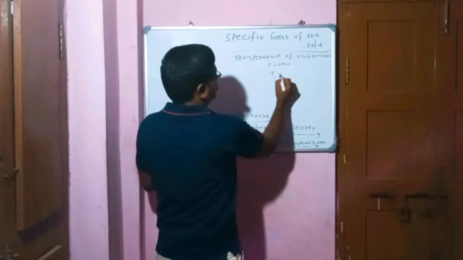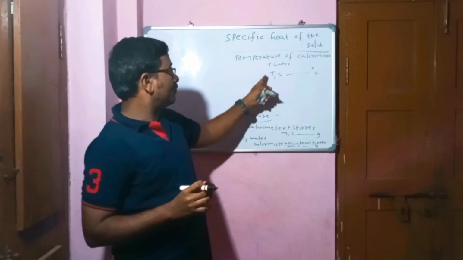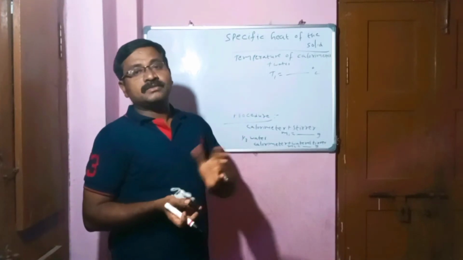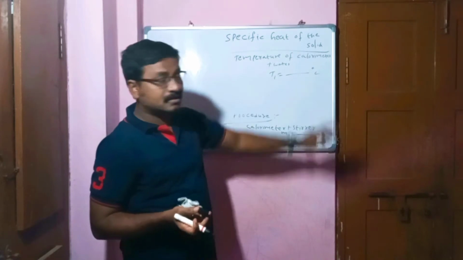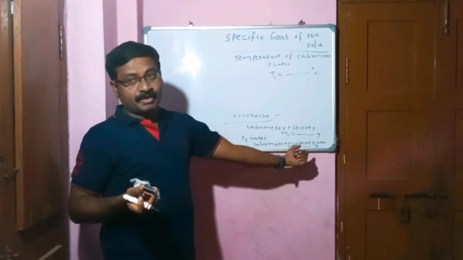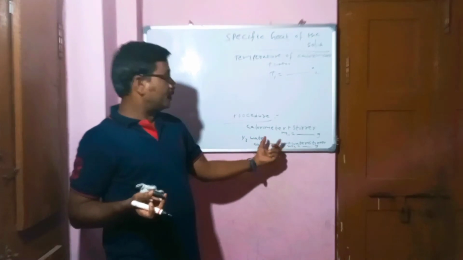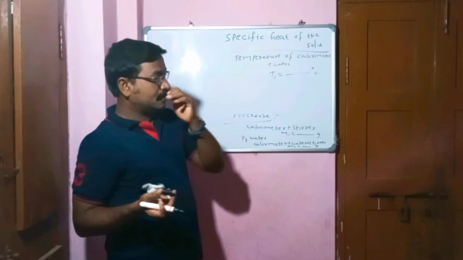T1 is the room temperature. The temperature of the calorimeter and water is T1 because you do the experiment at room temperature. First, calorimeter and stirrer M1; water is added to the calorimeter, calorimeter plus water plus stirrer M2. Next, the temperature of the calorimeter plus water is T1.